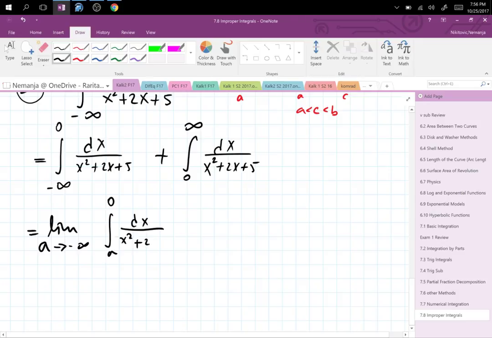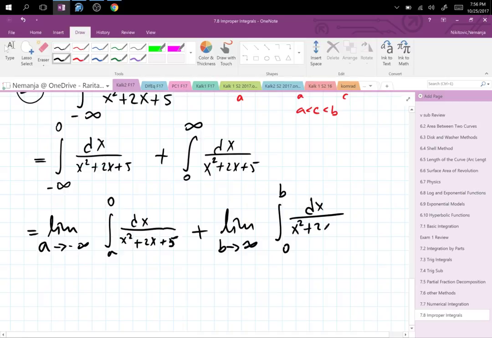So you have to set it up first. And once this is set up, you have the limit for the second one. Now use b because it's the upper limit. So we have 0 to b. x squared plus 2x plus 5. There we go. And now you need to integrate.